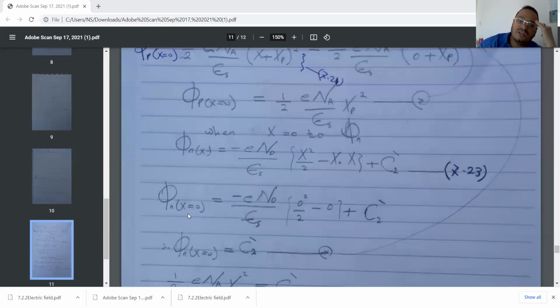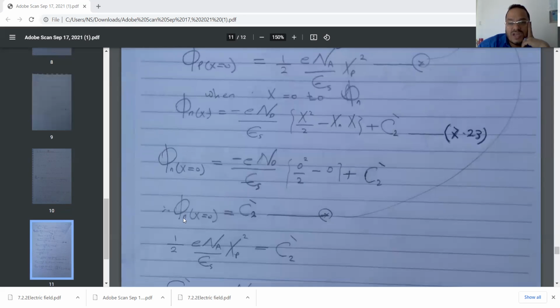Now, if x equals 0, we put 0 instead of any x here. Any element times 0 equals 0, so the remaining element will be the integration constant. That means the potential at the N type when x equals 0 equals just the remaining element, the integration constant dash number 2.